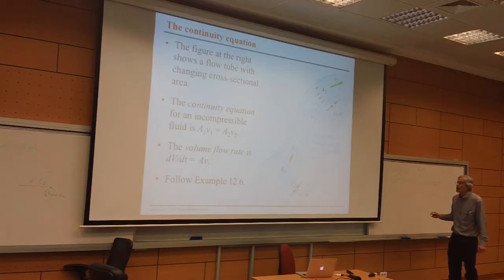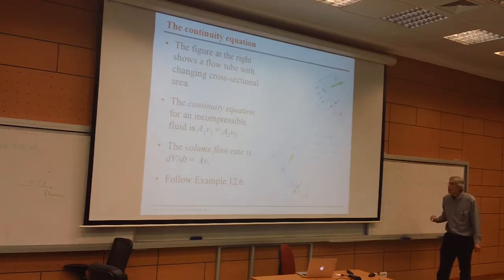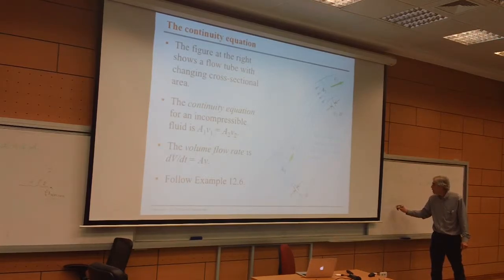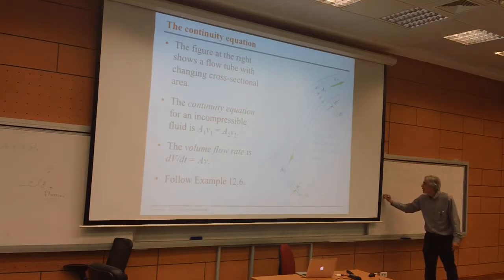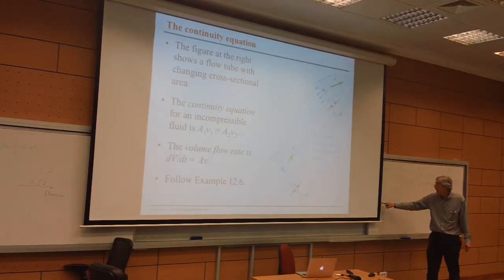So, I can say that dV1 is equal to dV2, and dV1, if I'm asking, let's say, the amount of fluid that passes through a particular surface area in a time t, that's going to be equal to area 1 times delta x1, where delta x is the path that the fluid has traversed during that time.